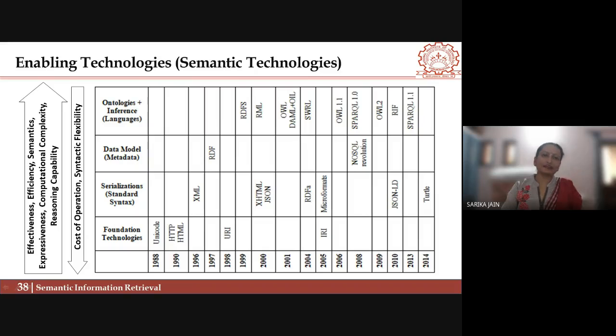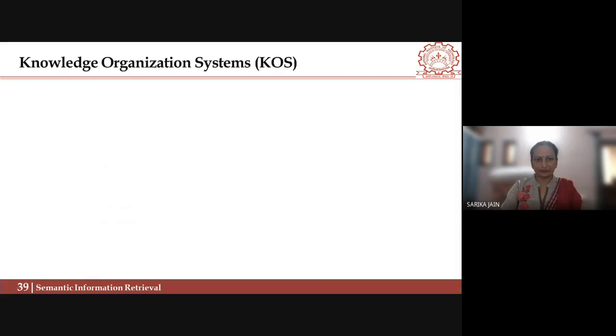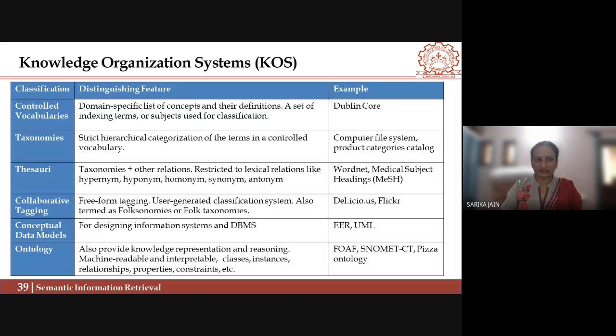We were discussing the enabling technologies for semantic intelligence. We call them semantic technologies. We went through this complete table, and what we discussed is that as we go up towards the ontologies, we have better effectiveness, better efficiency, and better reasoning capability. So we have to work with the knowledge organization systems.